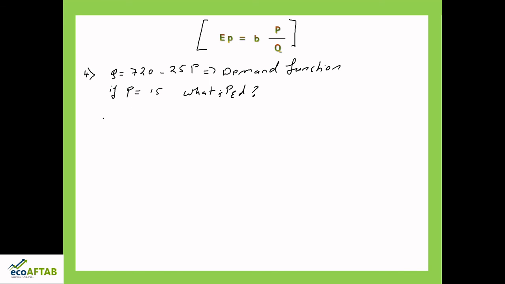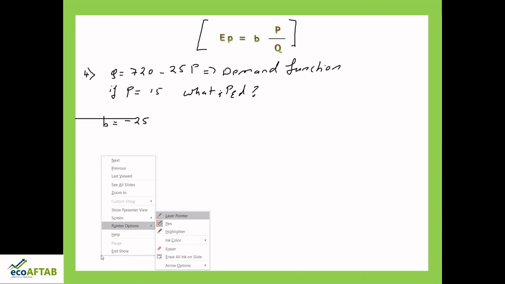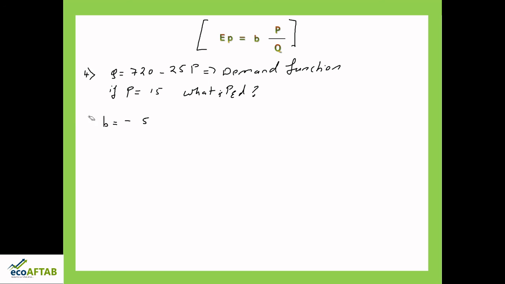We know B is minus 25. B is minus 25, and what is P by Q?